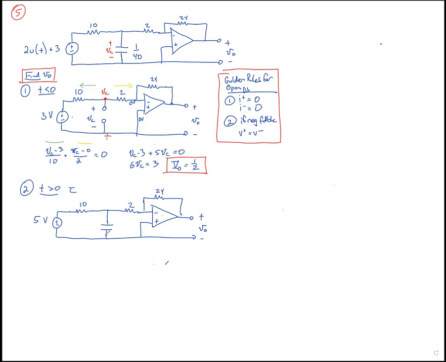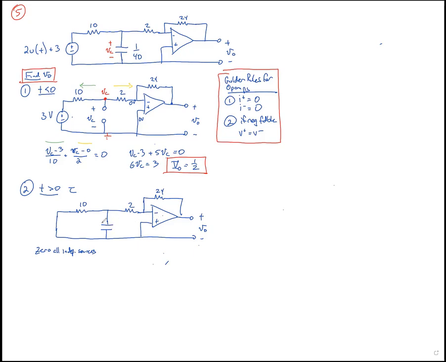Now, when we're talking about impedances, we zero all of our sources, all of our independent sources. I'll just write that down. Zero all independent sources. Of course, now we're just left with this dependent source over here.